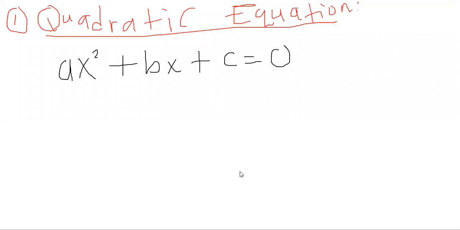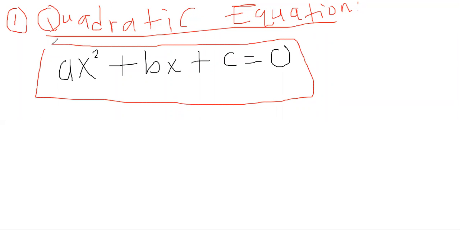So this is a standard quadratic equation. Why do they call it quadratic? Obviously, it's because of the highest power there. The highest power there is 2. Because of that, we call it quadratic equation. The highest power in a quadratic equation is 2.